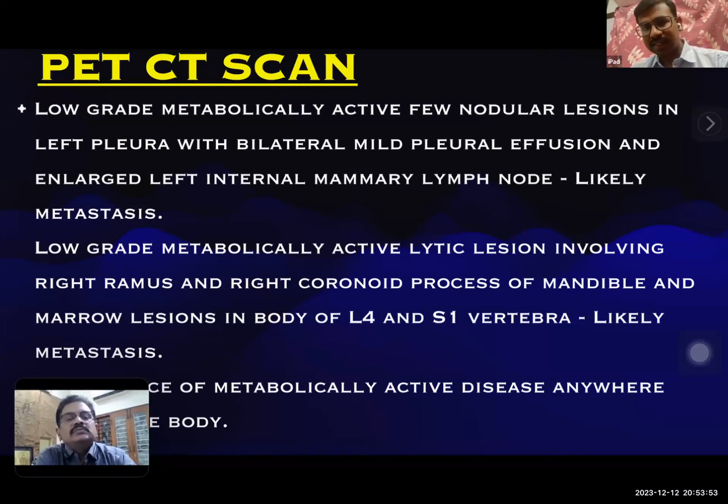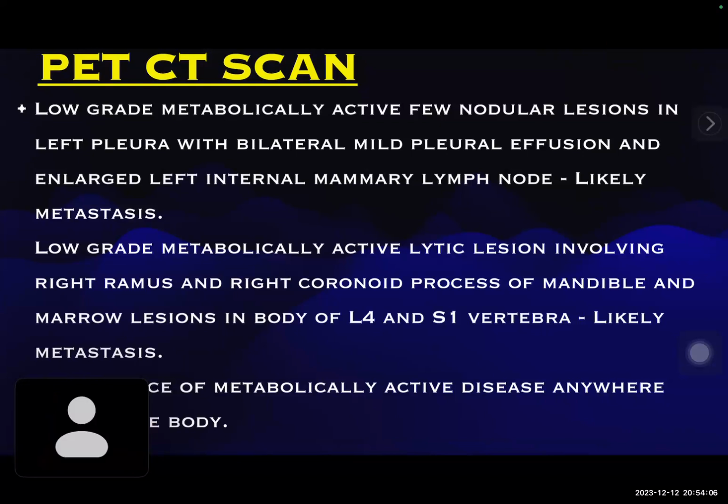And in risk stratification, it is an M child with the age of the child less than 18 months. If NMYC was positive, it comes to a high risk lesion. With a metastasis, yes, ma'am. If we take that chest one as metastasis, then it is stage 4.